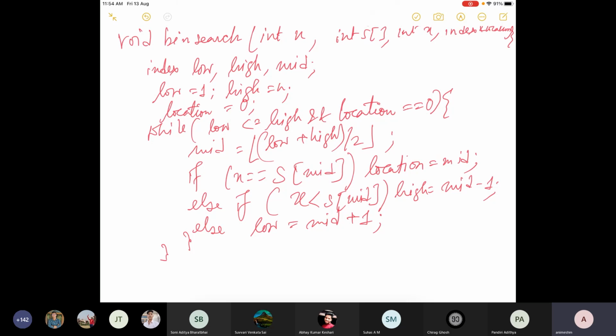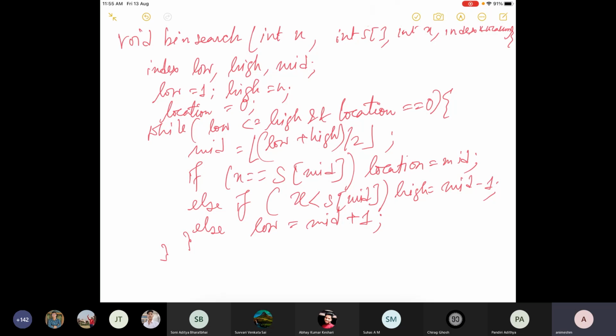You keep on doing this until the element is found in the array or no such element is found. If you don't find it, you return 0. Otherwise, you return the exact location. So we have set location value to 0.